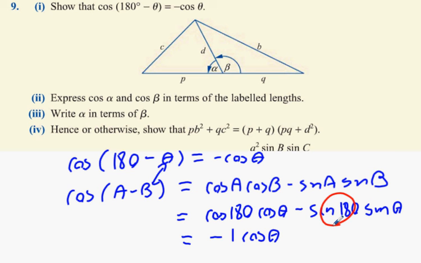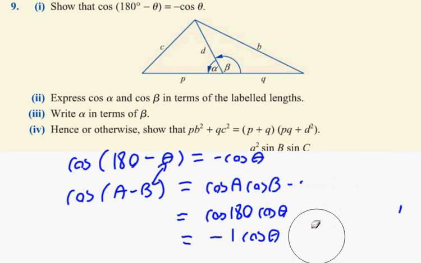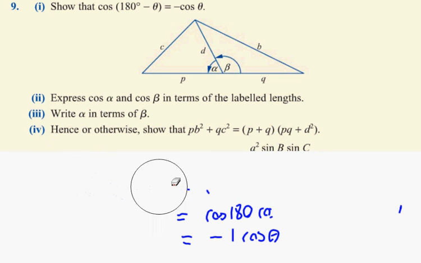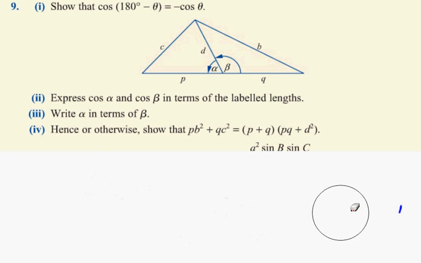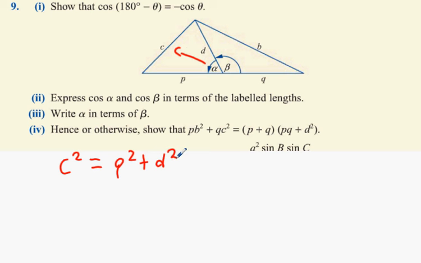Now, what does the first question mean? Part 2. Express cos alpha and cos beta in terms of labelled lengths. What does it mean by labelled lengths? What's alpha looking at? C squared equals P squared plus D squared minus 2PD cos alpha.